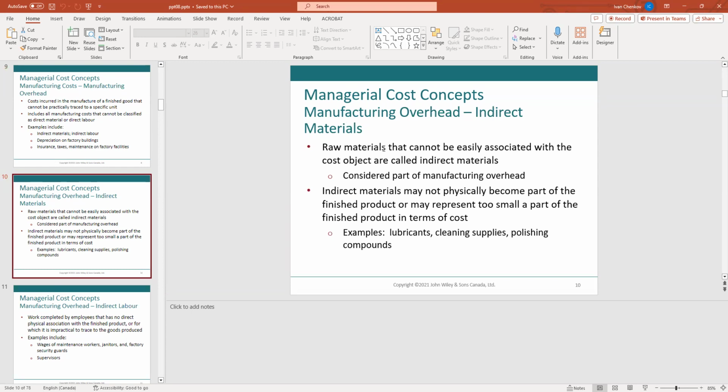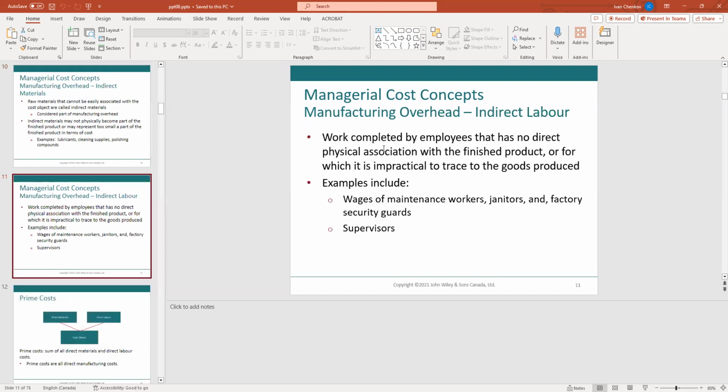Any small part of the material used in our production, like lubricant, cleaning supplies, or polishing compounds, we don't trace directly, or it's very hard to trace them directly. We just accumulate the cost in manufacturing overhead, and after that we allocate it to the product.